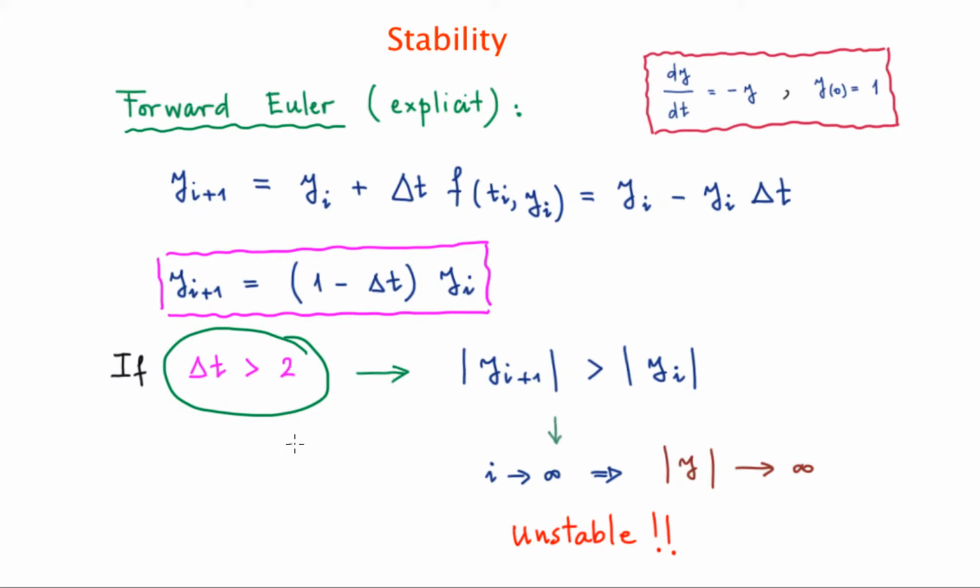For that particular time range, we can see that the wave function at the next step becomes bigger, or the absolute value of the wave function becomes bigger and bigger and bigger, so the absolute value of y will go to infinity. It does not decay to 0, and that's what we call the method being unstable.